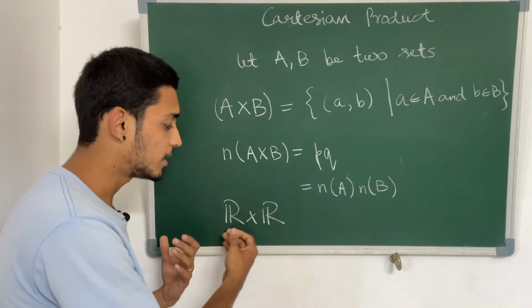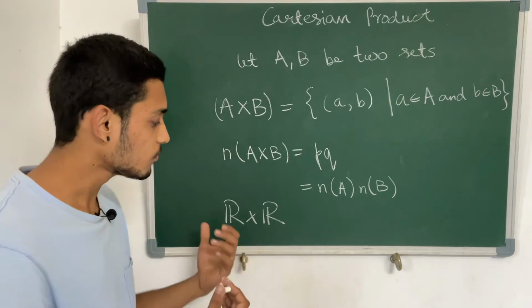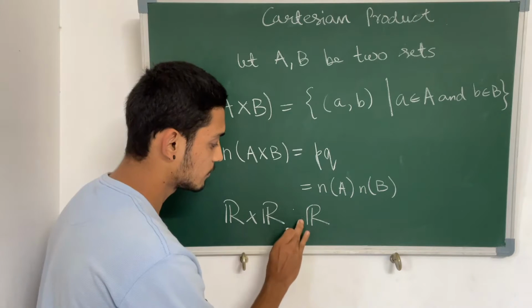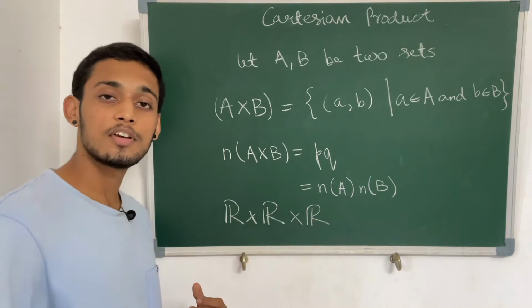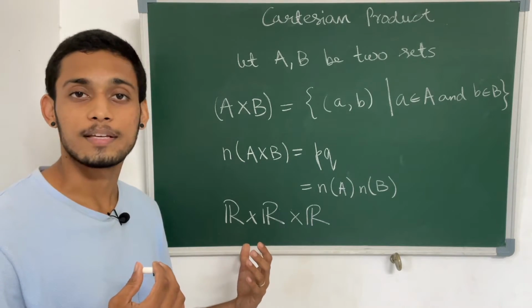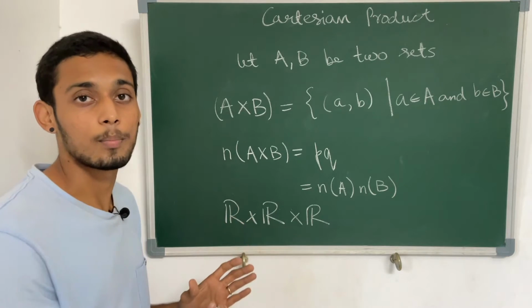That is what this Cartesian product is giving us. And if it is R cross R cross R, then we also have the coordinates in 3-dimensional space. So this is one of the common examples of this operation.